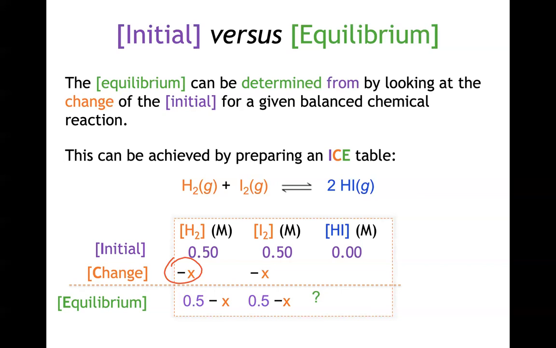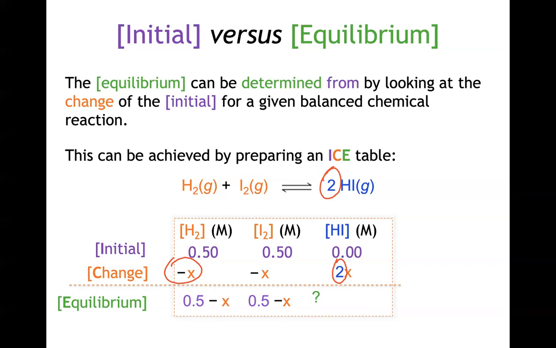What about the product? Would its concentration increase or decrease over time? It's going to increase, right? It's going to increase by X as well. The reason we have 2X is because we have 2 moles of product, and that's where this 2 comes into play.